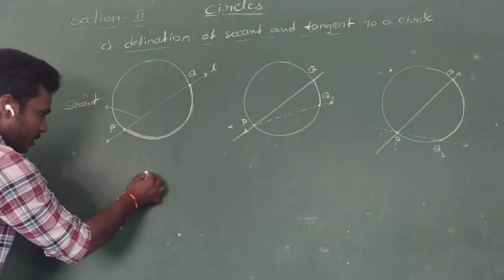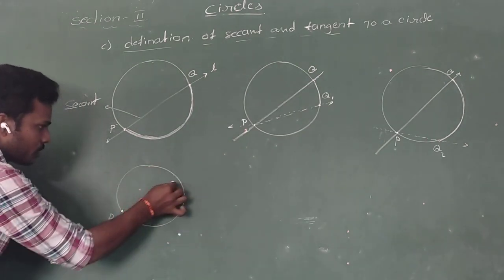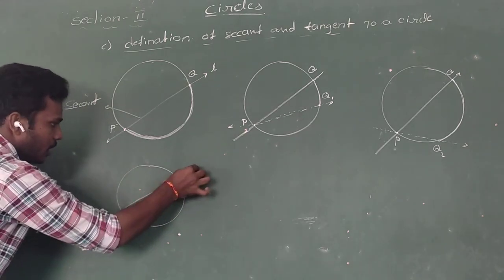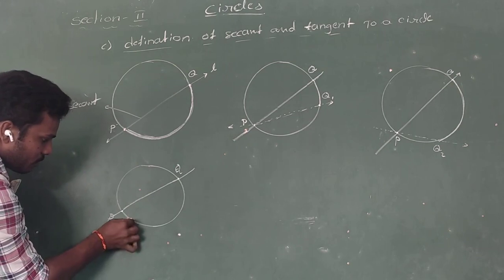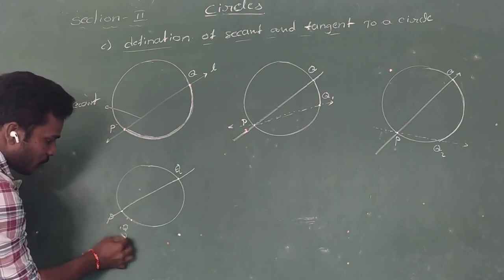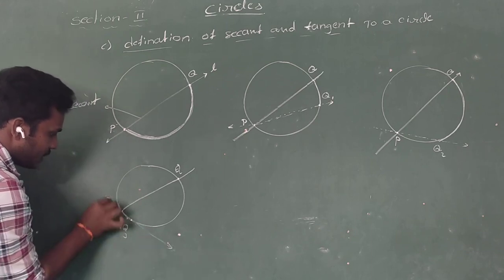Okay, next one more diagram. P is the fixed point, and this is the original position of the secant. Now I take Q3 as the third point, like this.